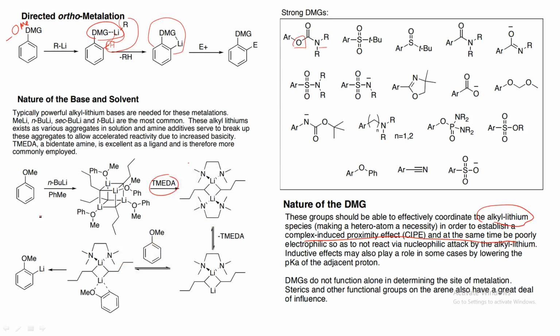Why? Let's see. Lithium species like n-butyl lithium, sec-butyl lithium or tert-butyl lithium all remain at first in the reaction mixture in an aggregate form, and in this aggregate form this type of proton abstraction is very difficult, as lithium is fully coordinated.